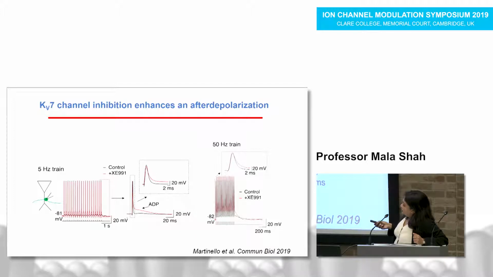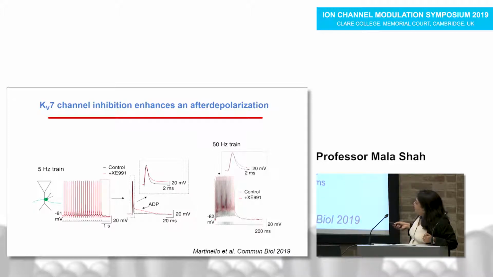However, when you add XC991, the action potential characteristics change: the action potential itself becomes much wider, and there is a significant after depolarization happening. You can see this also at 50 Hertz, or even 100 Hertz.